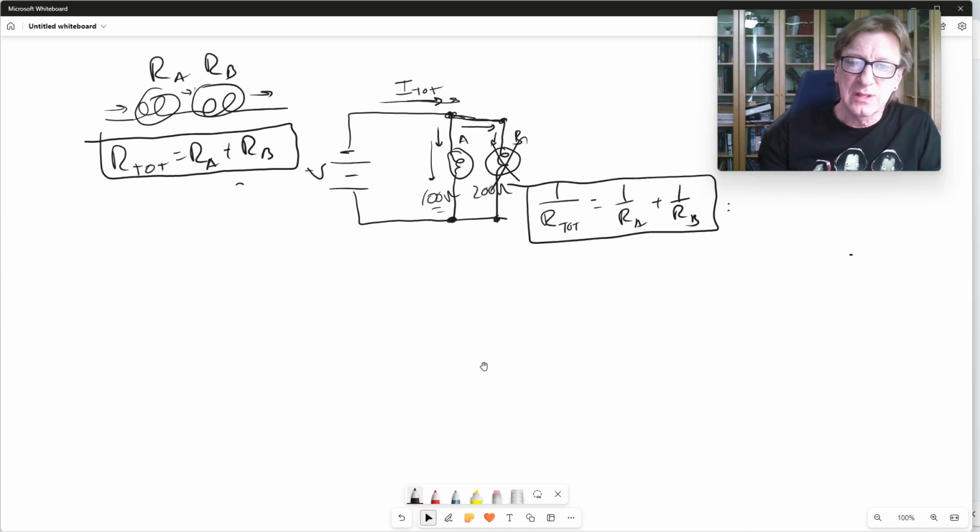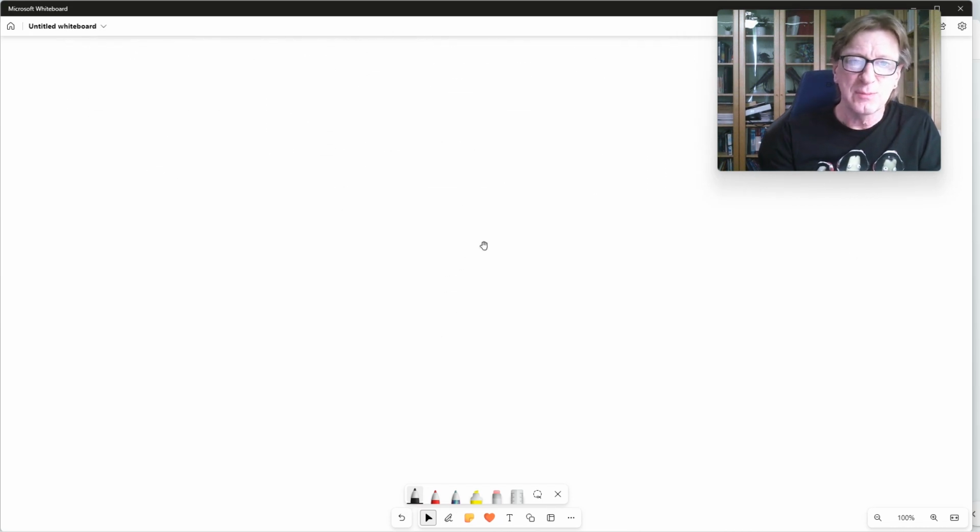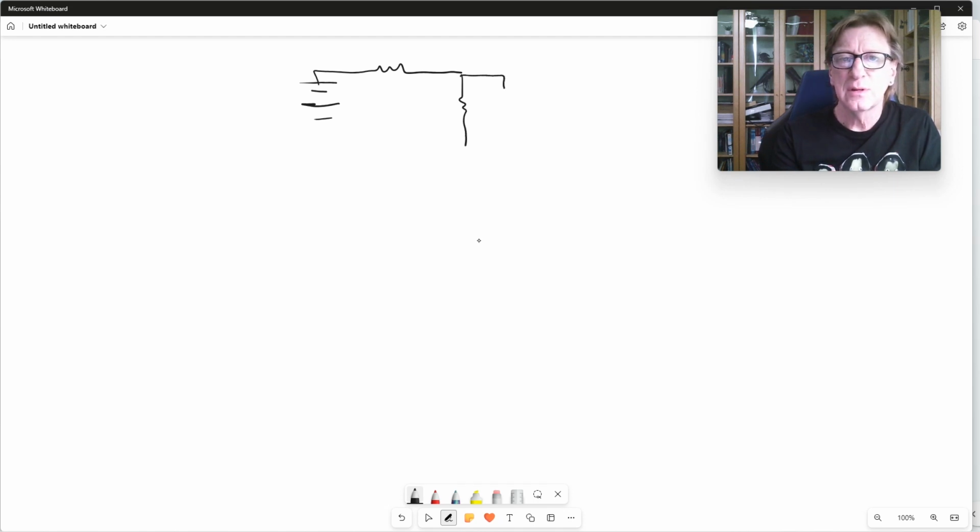All right, so let's go back to our original circuit here, and I'm going to sketch it again. So we had a battery that was like this, and then it went through the microcontroller, and then through a sensor, through the left motor, and through the right motor. And then it all came back together. So this was the resistance of the microcontroller, which we said was 400 ohms.